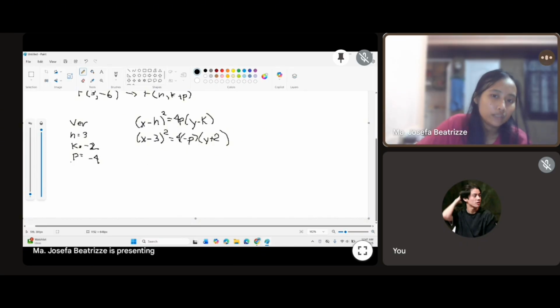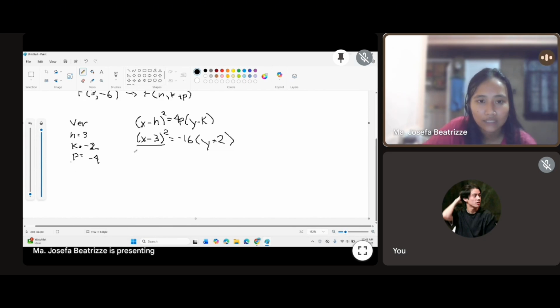So -(-2), that would be +2 now. So now let's try to multiply this first. Sorry. So 4 multiplied by -4, that would be -16, multiplied by (y plus 2).